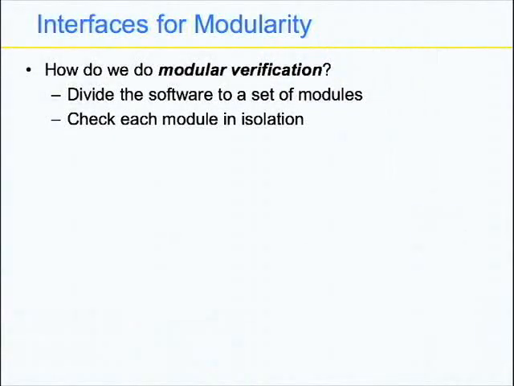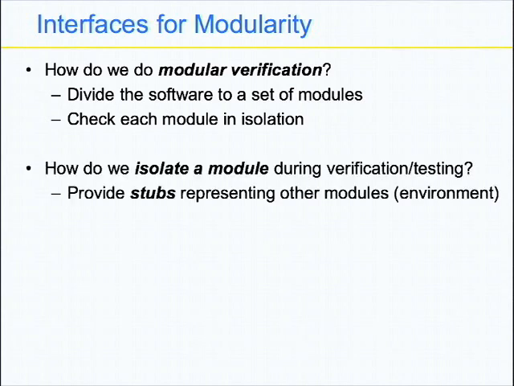So how to do modular verification? Divide the software into a set of modules and check each module in isolation. That's the basic idea; it's a divide and conquer approach. Now, how do you isolate a module? You want to write stubs representing other modules, like providing an environment for the module that you are focusing on.